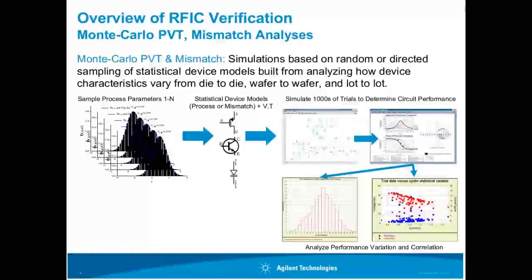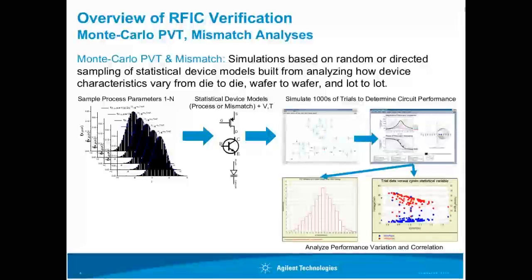When you want to run a Monte Carlo analysis, you've got your circuit set up to run, and you've got all of your measurements ready. The simulator will sample over what are called process parameters that it finds in the actual PDK. Those are then translated through the statistical device models into a model set for a particular run of the simulator.